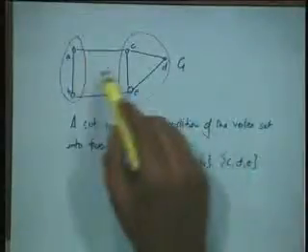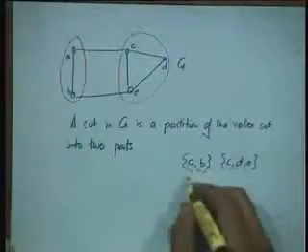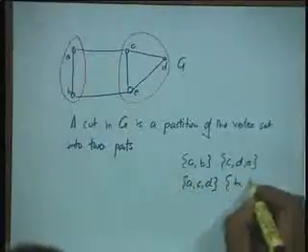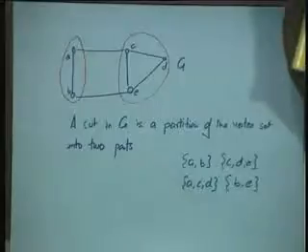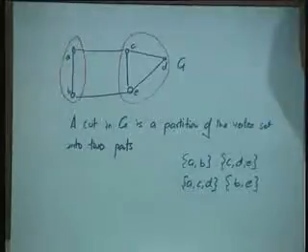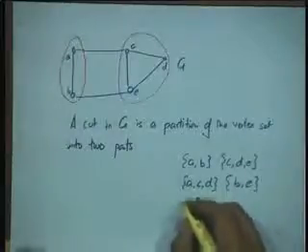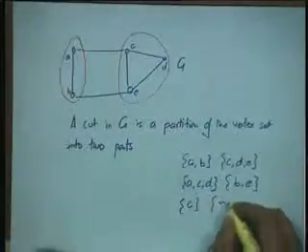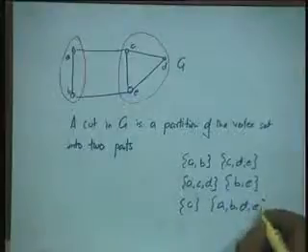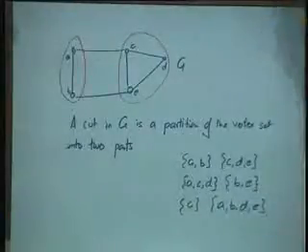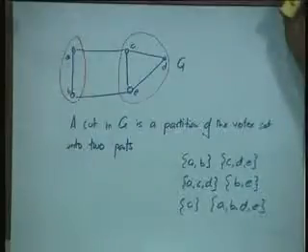I could have A, C and D on one side, and B and E on the other side, why not. Or I could have only one vertex, let us say C, on one side and the remaining 4 on the other side.